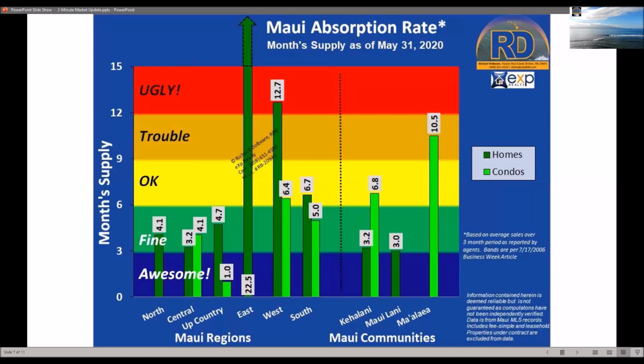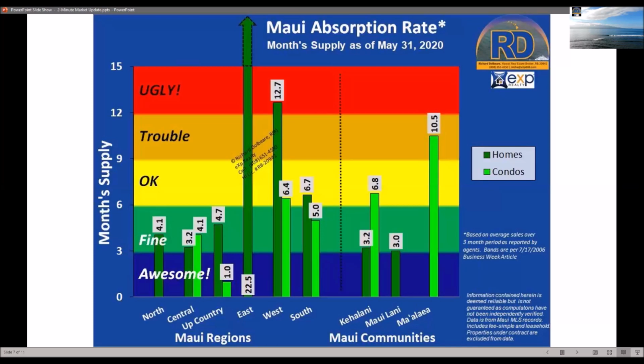Now, where you start getting into trouble is when you go beyond 9 months. So 9 to 12 months, that's considered a troubled market. And then once you go beyond that, 12 to whatever, 50 months, whatever it might be, is considered an ugly market.